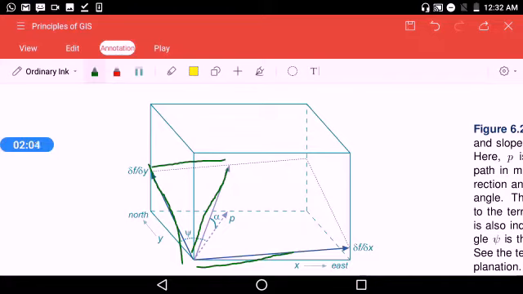Now if you look at this triangle which is formed here, it's a right angle triangle. Since it is a right angle triangle, this becomes the hypotenuse. So I'm just going to mark this in another color. This is your hypotenuse, and this hypotenuse is actually the slope at the path P, which we have just found out.